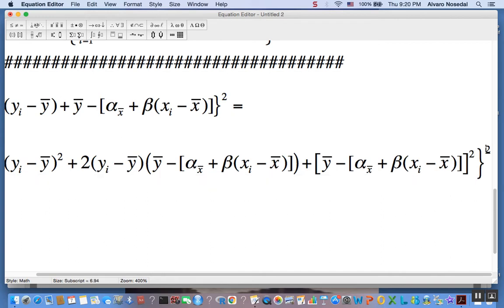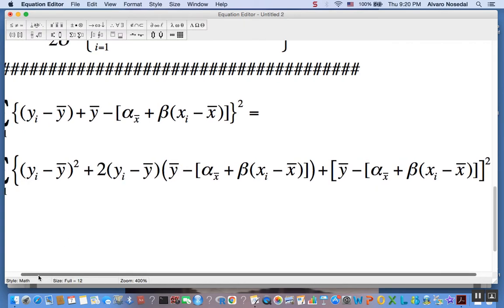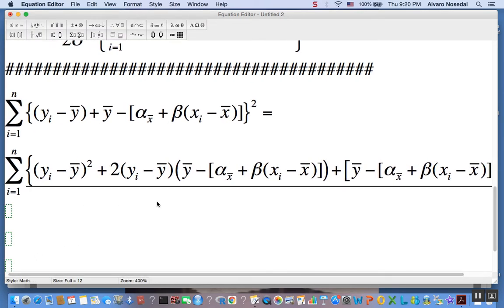Makes sense? And then we don't need this one anymore. It's done. Okay, taken care of. We good? So we have this one squared, 2 times the cross product between these two, and we have the second one squared.